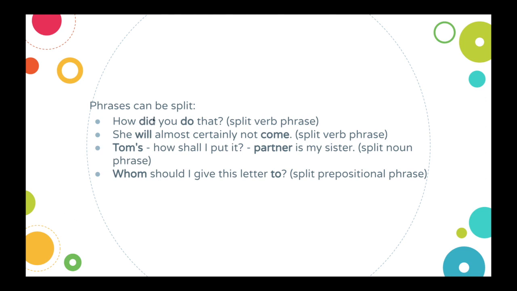The verb did and do are separated. Will almost certainly not come. This almost certainly not, they are adjective phrase. Maybe later we can discuss how to dissect, how to separate these phrases so we can understand them better.